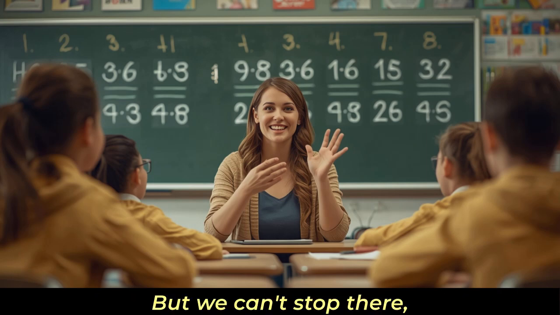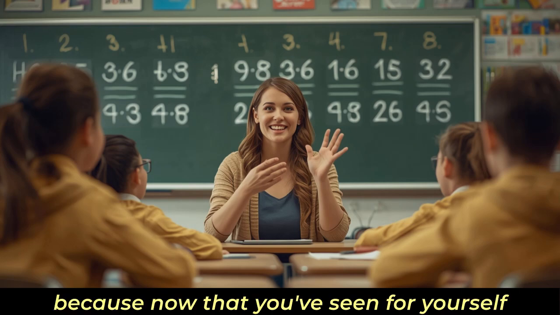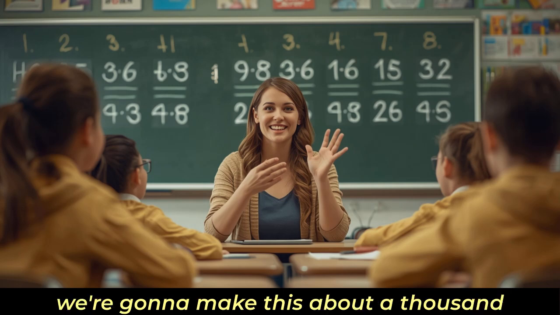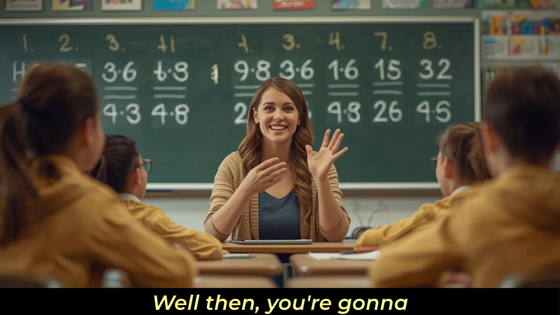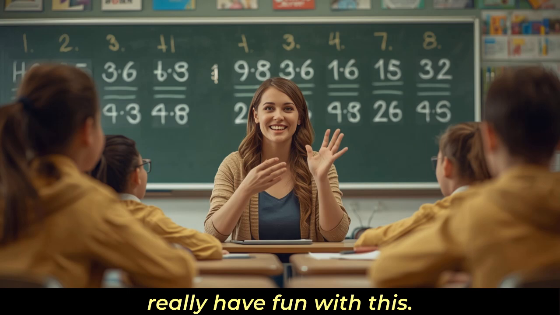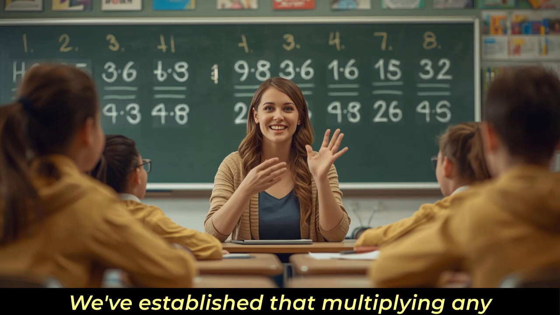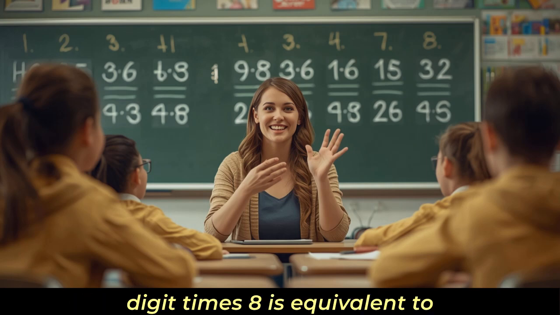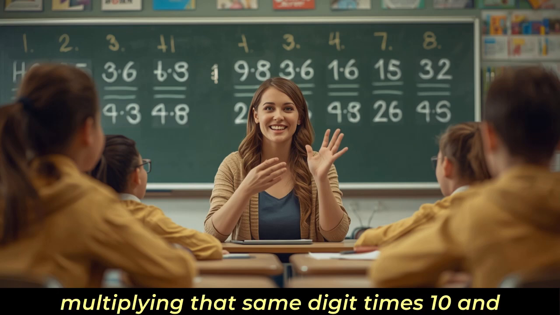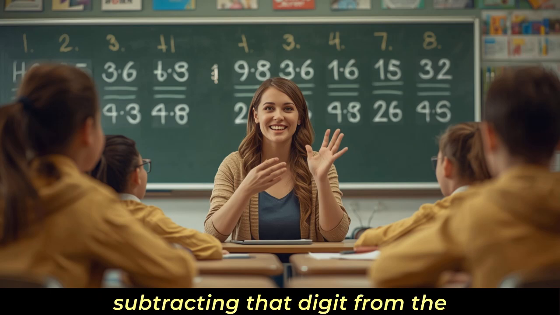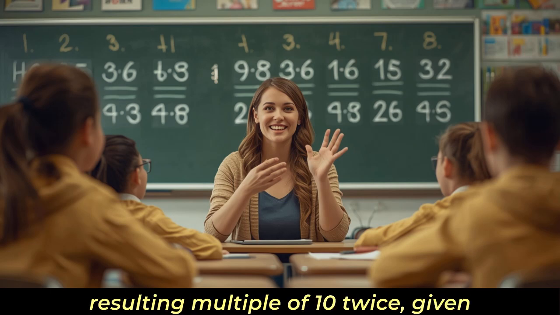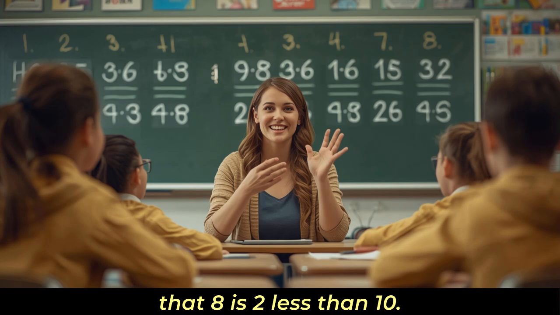But we can't stop there, because now that you've seen for yourself how the logic works, we're going to make this about 1,000 times simpler by using a shortcut. I love shortcuts. Well then, you're going to really have fun with this. We've established that multiplying any digit times 8 is equivalent to multiplying that same digit times 10, and then turning right back around and subtracting that digit from the resulting multiple of 10 twice, given that 8 is 2 less than 10.